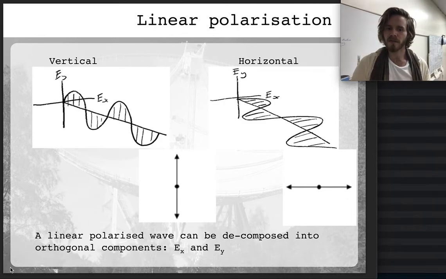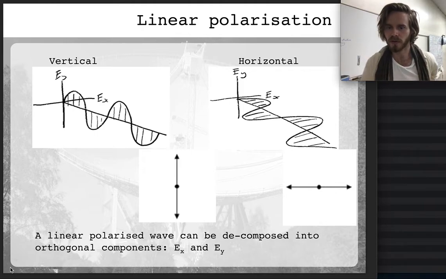So in terms of linear polarization, and we just mentioned a second ago, this is plane polarized waves. The two main ways of describing these, that we're going to be using these terms a lot, so I want to introduce them, is vertical polarization and horizontal polarization.